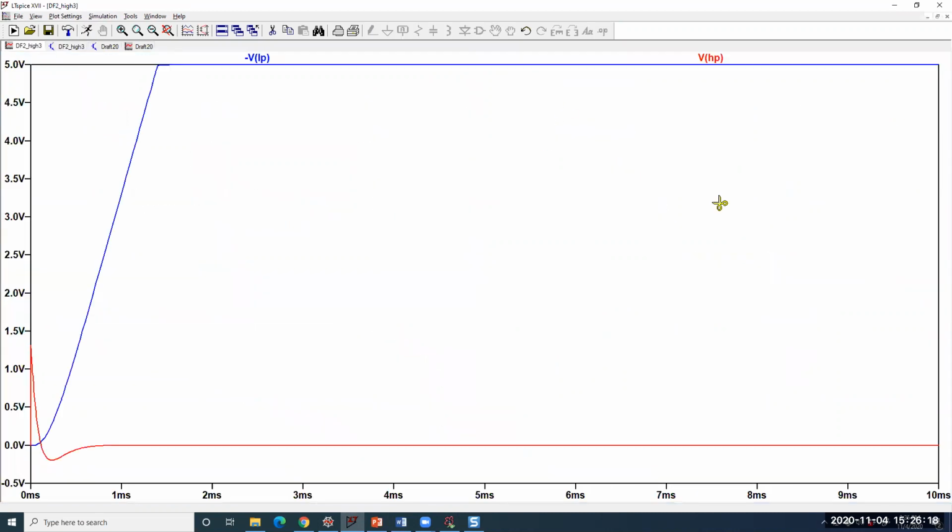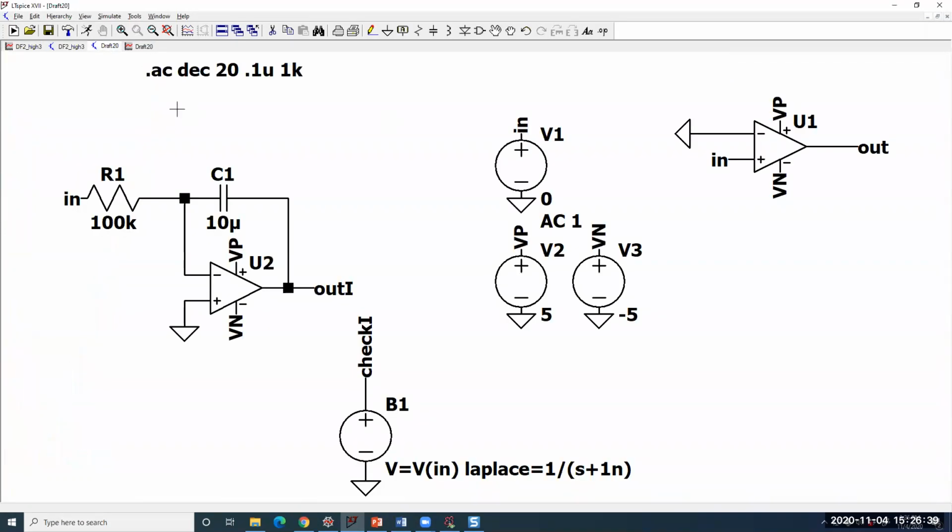So you should notice I have minus VLP here just to keep myself sane, right? And you see that there's some delay and then it goes up, up, up, up, up, and then it hits the rail, right? So the input is a step. We're getting some kind of integration, and look at it.